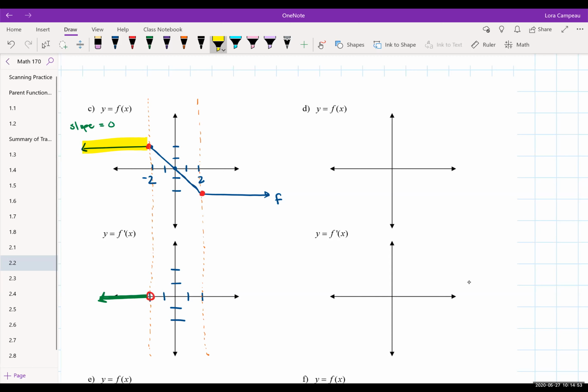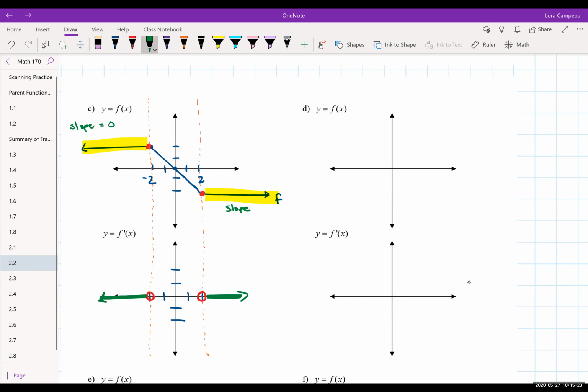Now, similarly, if you look at the horizontal line for x values to the right of 2, here the slope is also 0, the slope of the tangent line at any point. And similarly, at x = +2, where we're still undefined, we're going to have an open circle.